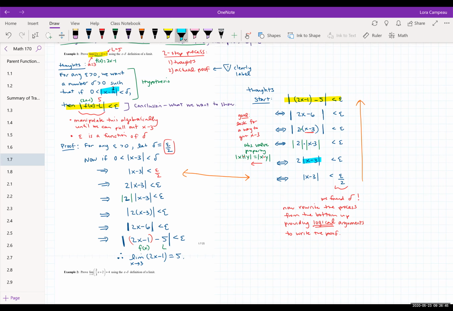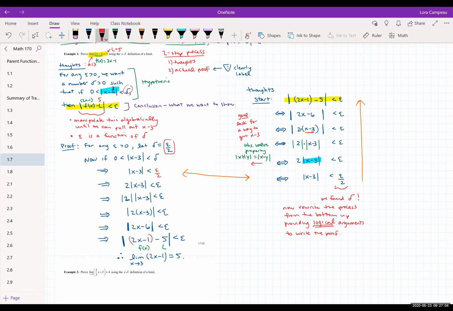So we play with factoring stuff out and a little bit of absolute value properties. And once you can get the absolute value of x minus a, you just isolate that, and that allows you to find your delta. So that's what we were looking for right there.